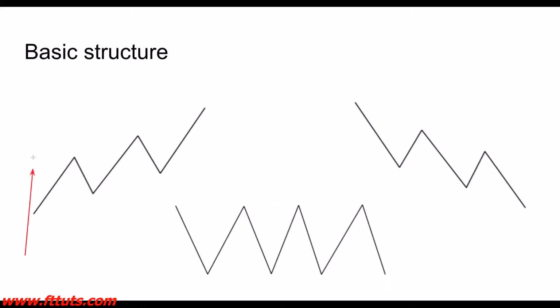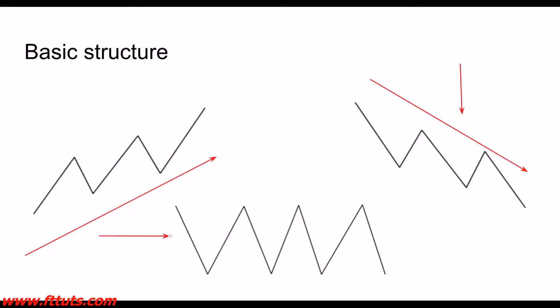If the market is in an uptrend, what are we looking to do with this market structure in terms of buys or sells? Buys. Very good. If the market is in a downtrend, we of course are looking to take what? Buys or sells? Sells. Very good. And if the market is moving sideways and ranging, we're looking to take what? Breakouts. Very good. Breakouts. And that will be buys or sells.